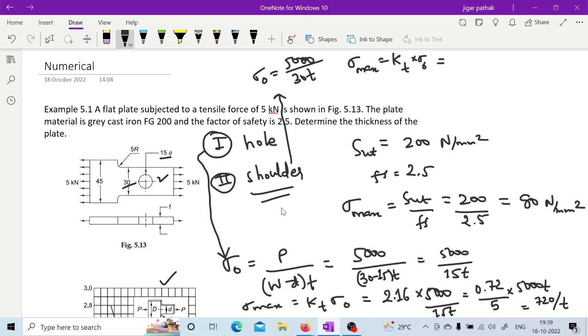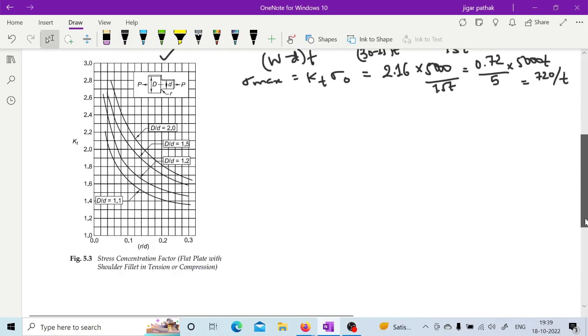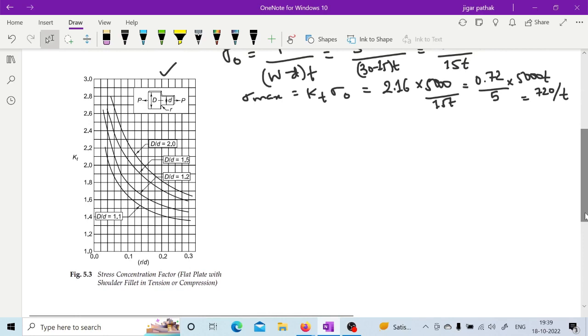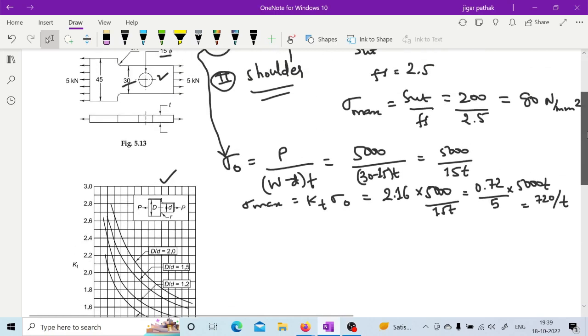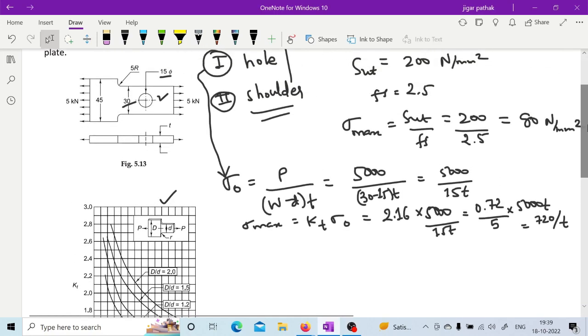So kt in this case will be from figure 5.3, right, this one. From this figure, check capital D by small d. What is capital D by small d in our case? This is capital D, this is small d.